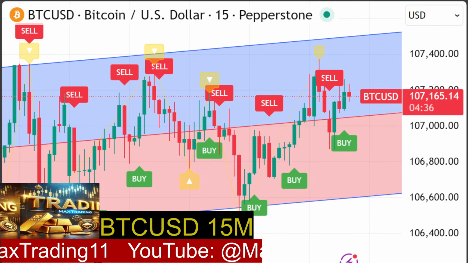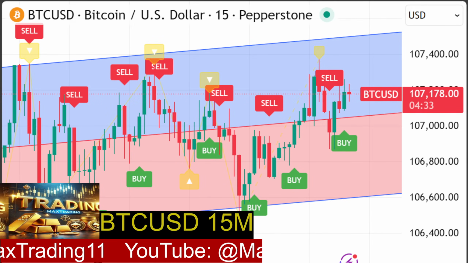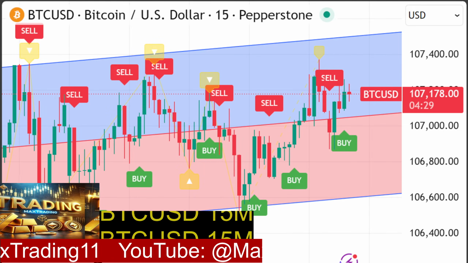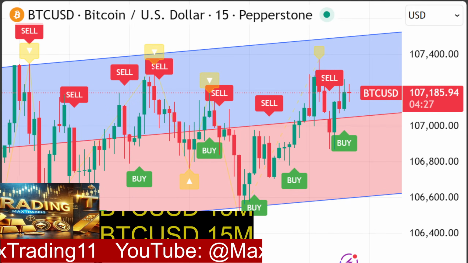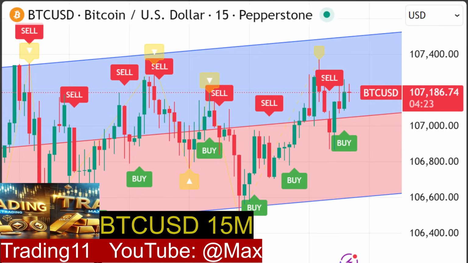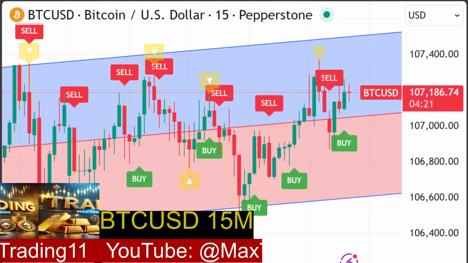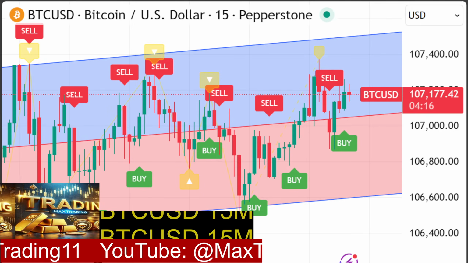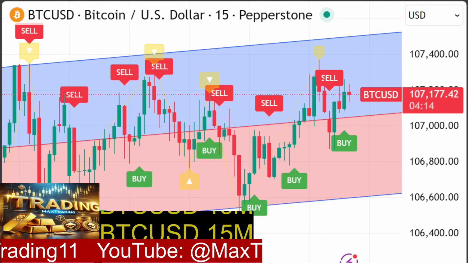Think of the market as a living organism, breathing, expanding, and contracting through the flow of liquidity. Each session, London, New York, and Asia, adds its own rhythm to the price movement. During the London session, volatility in gold increases as European traders enter.